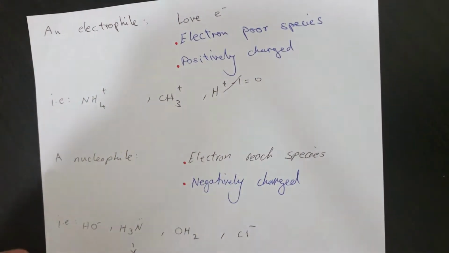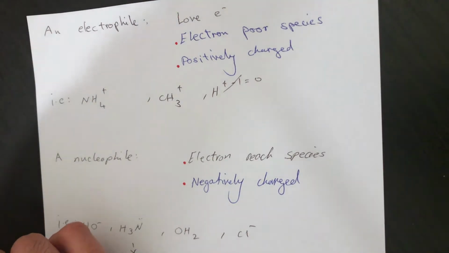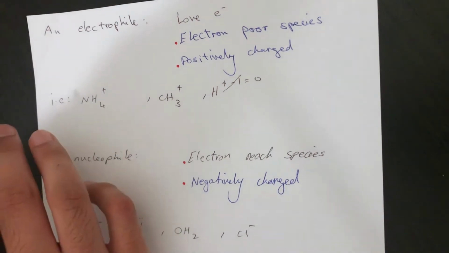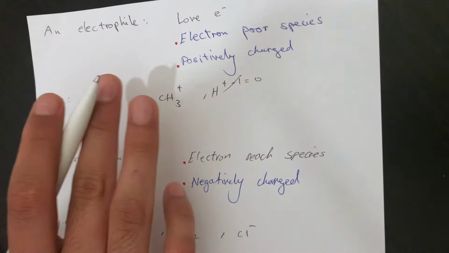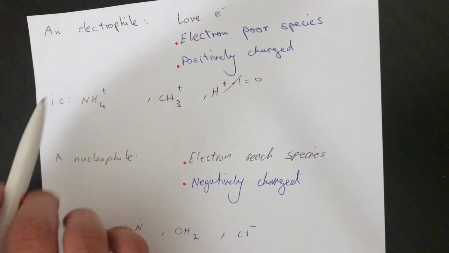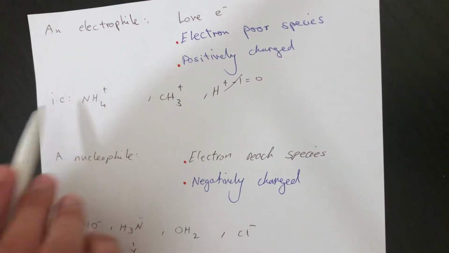And so in summary, what's an electrophile? An electrophile is an electron deficient species and will react by accepting electrons in order to obtain a full valence shell. This may be a positively charged species, and therefore we can see NH4+.